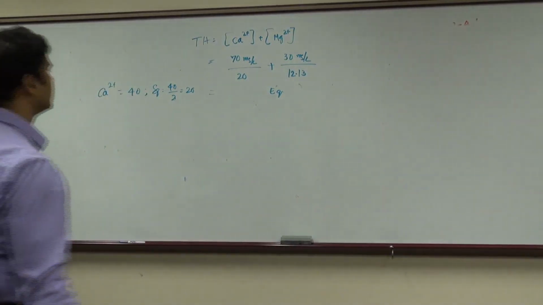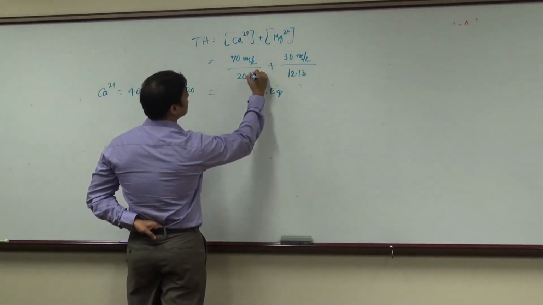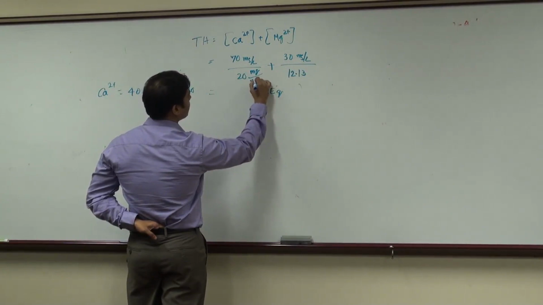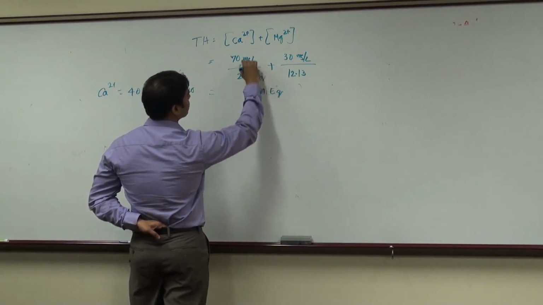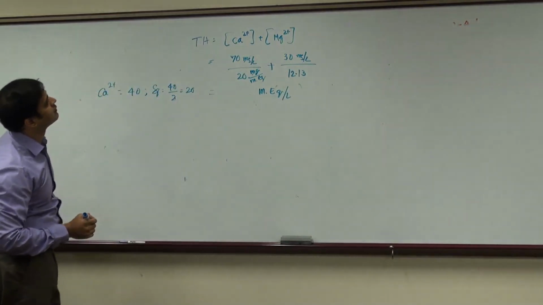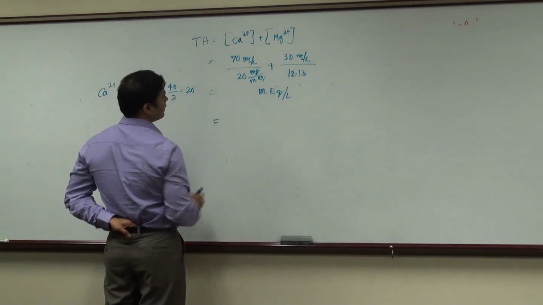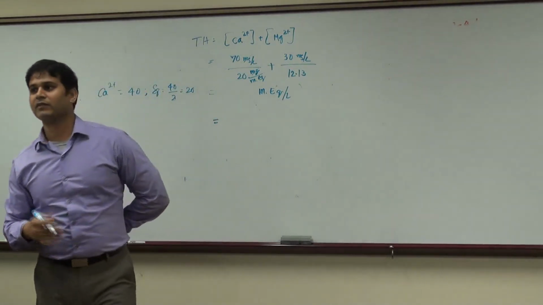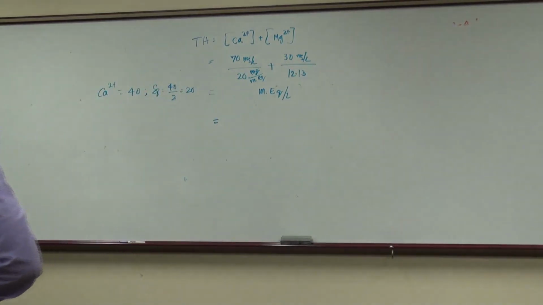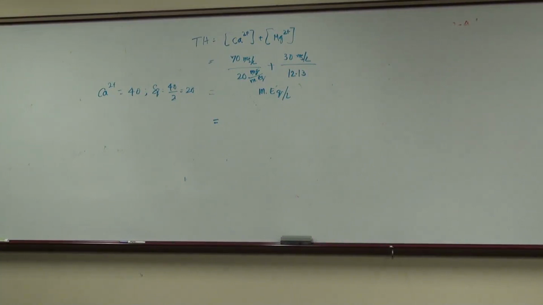So your answer actually would be in milliequivalents. So this would be milligrams per milliequivalent. Then finally you multiply with 50. 50 again is another magic number, right? That's how you get milligrams per liter as CaCO3.